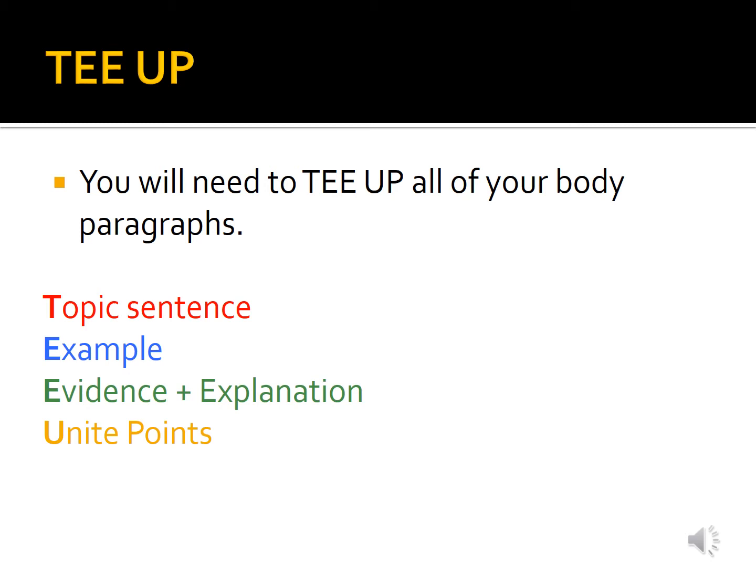So after you've given all that research, you're going to give that quotation, and always remember that you have to follow up that quotation or evidence with a 2-sentence minimum explanation. After you've given that, you can unite your points, summarize that main point or goal of that paragraph in a concluding sentence.